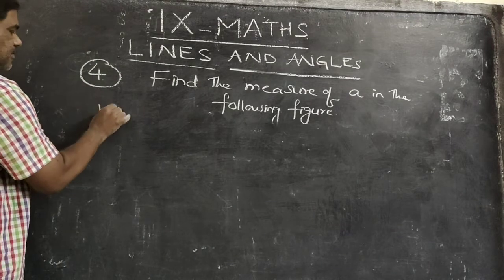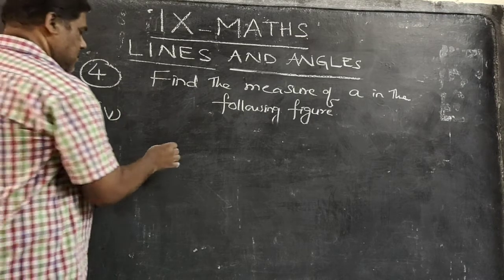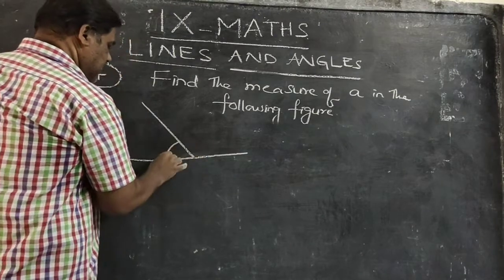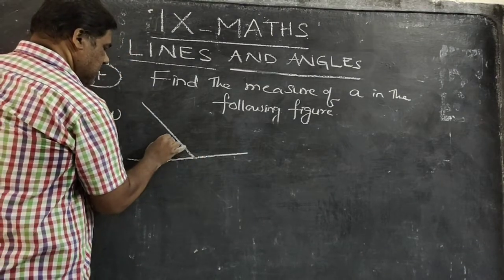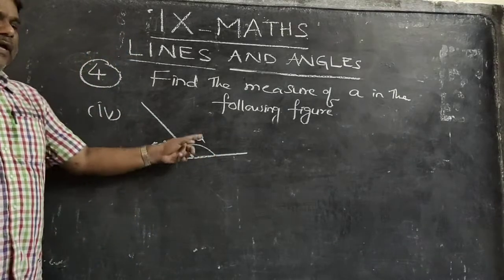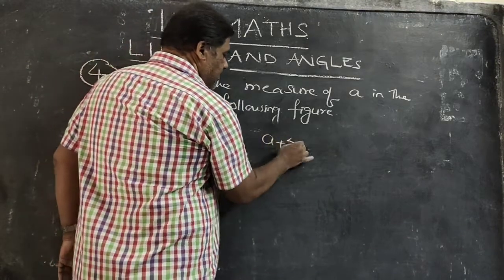Right, fourth one. This is 50 degrees and this is A. Now we should find the A value. So the rule we have to use is A plus 50 degrees.